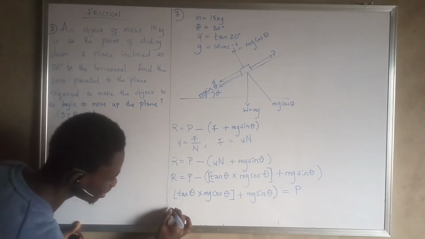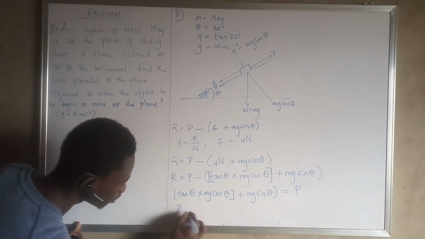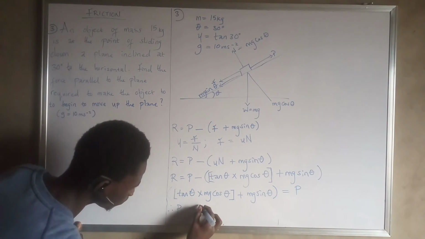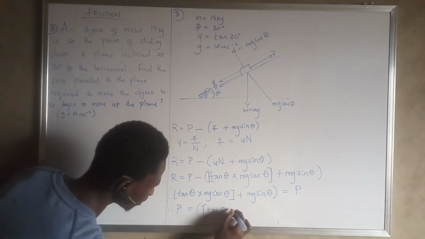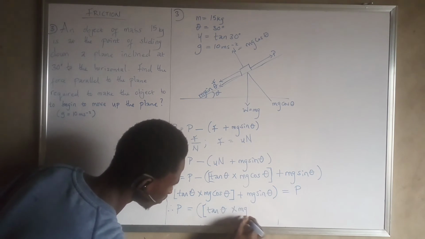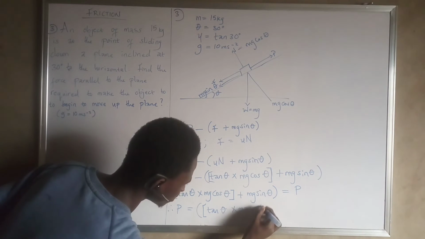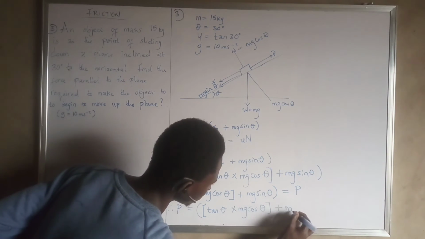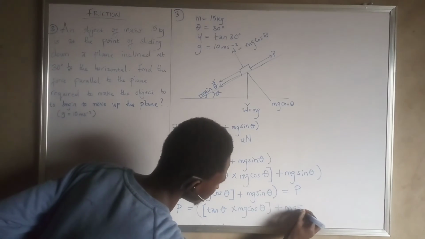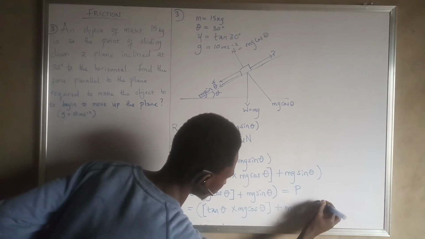So therefore we can say our P is equal to tan theta times mg cos theta plus mg sine theta.